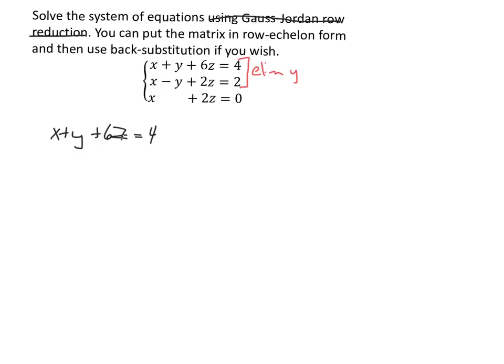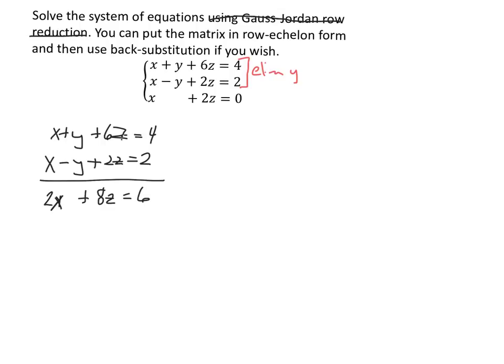I'm getting used to a new pen, so go with it. x minus y plus 2z equals 2. Add the two equations together, so x plus x is 2x. y minus y, they cancel out. 6z plus 2z will be 8z. And 4 plus 2 gives me 6.